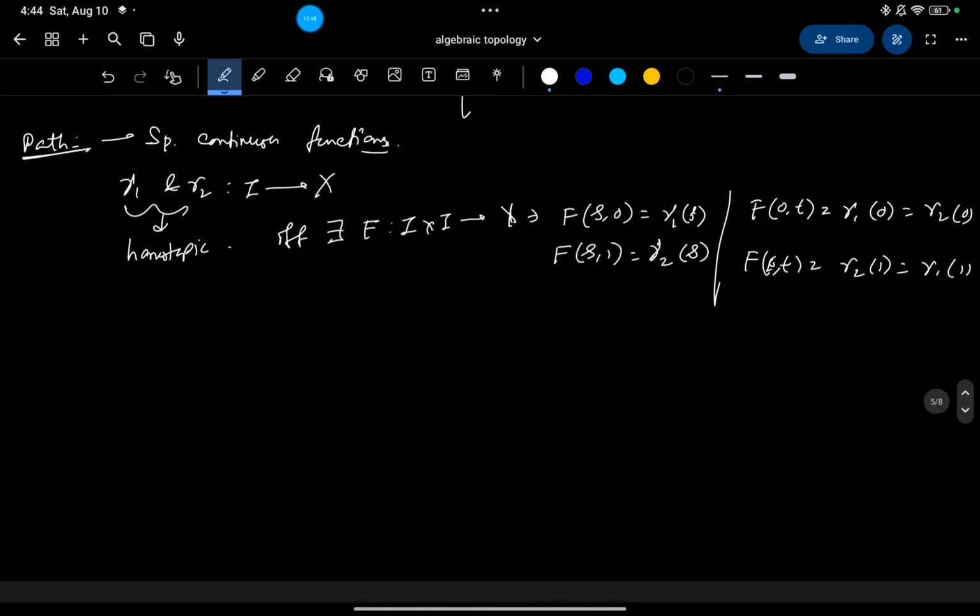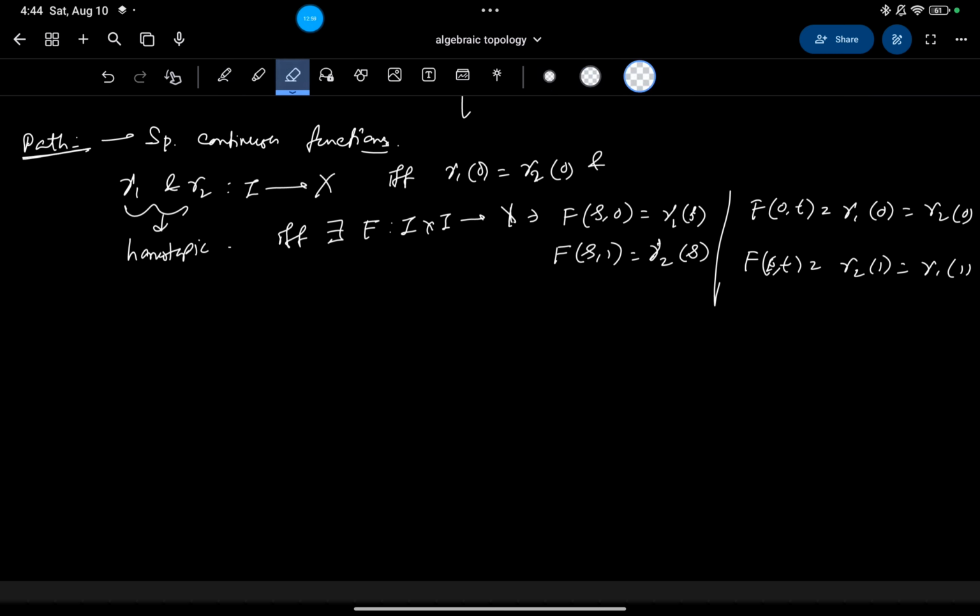Okay, by the way, we can define the homotopy between the two paths only if, number 1, gamma 1 of 0 equals gamma 2 of 0, and gamma 1 of 1 equals gamma 2 of 1.